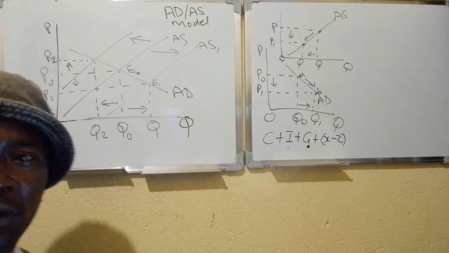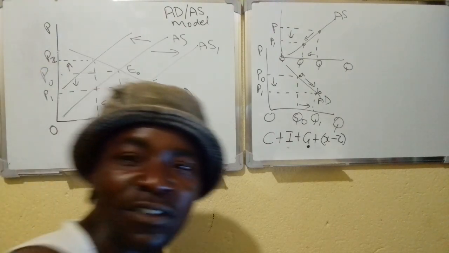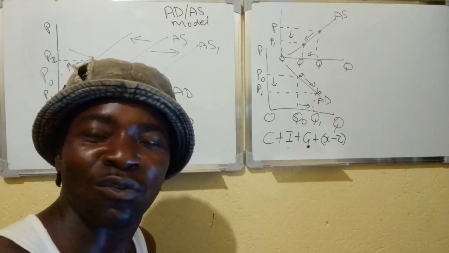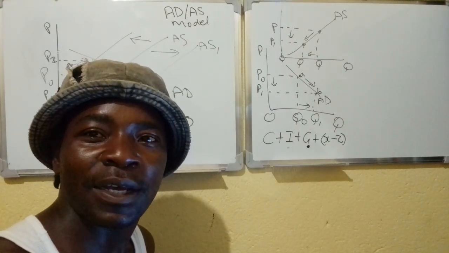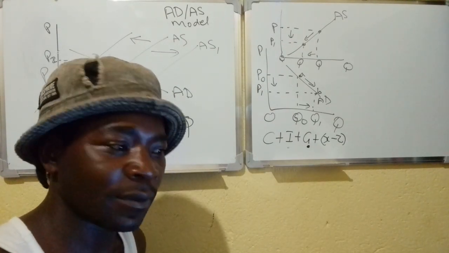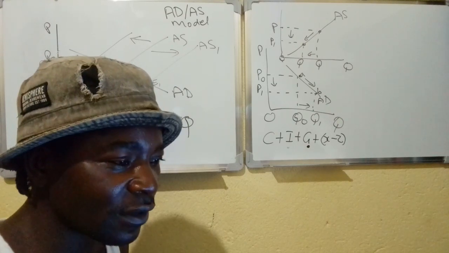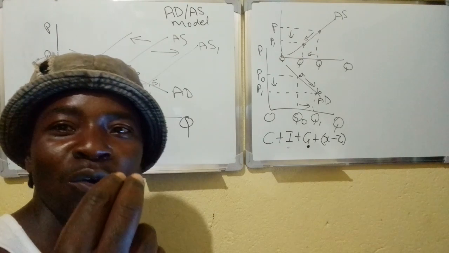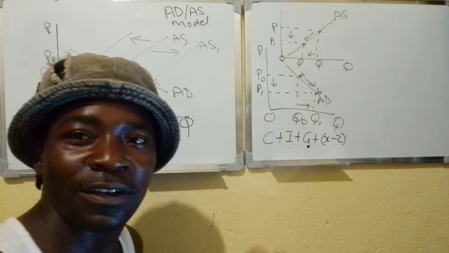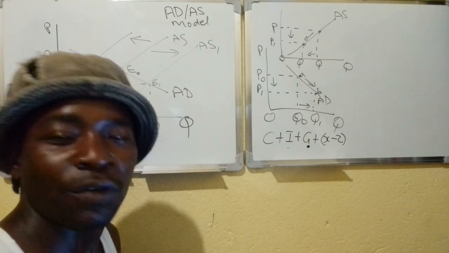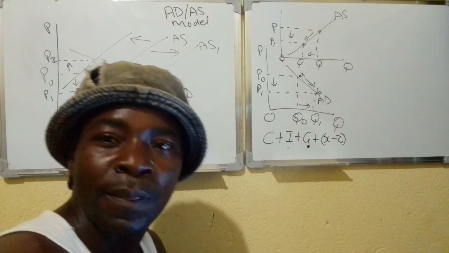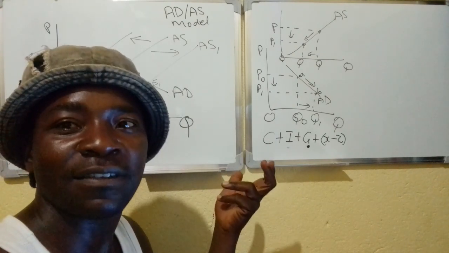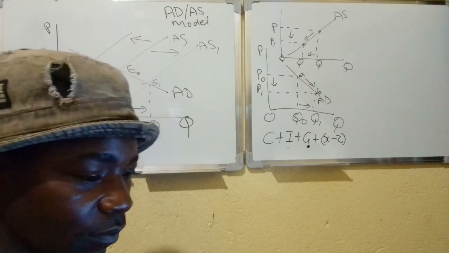Stagflation is a situation where price levels go up and unemployment levels go up at the same time. It's a combination of two words. It means stagnation of the economy going together with inflation. You have an economy like Zimbabwe, where you have high levels of unemployment at the same time as high price levels. That's stagflation. Okay.